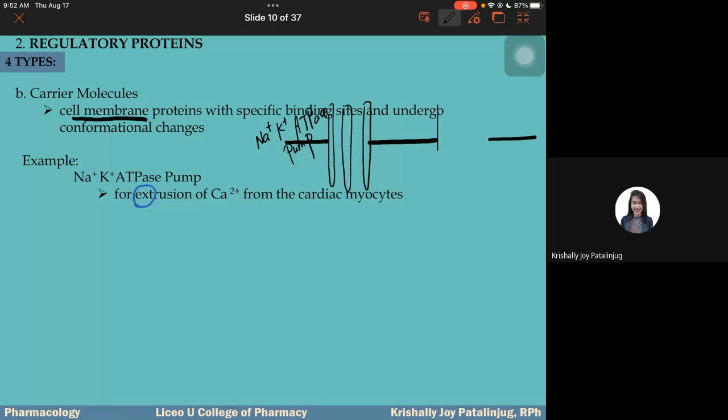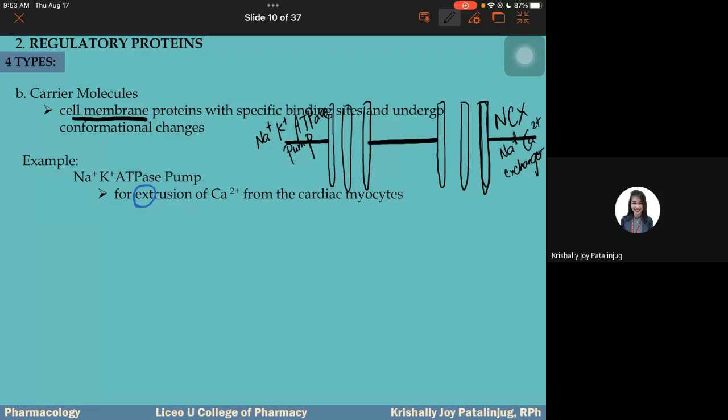It is linked, coupled with another exchanger, and that is what we call the NCX, or the sodium calcium exchanger. I repeat, the sodium potassium ATPase pump functions together with NCX.